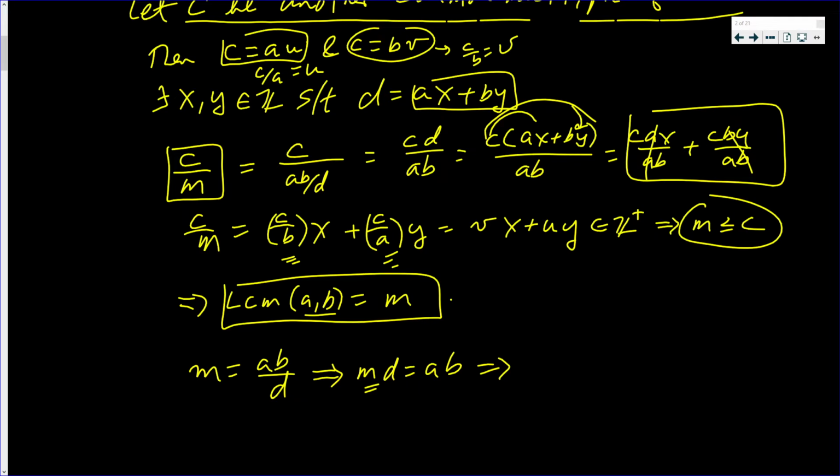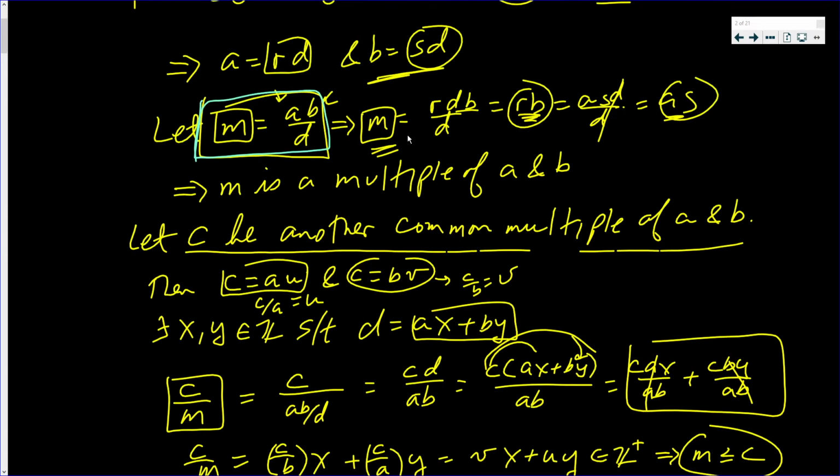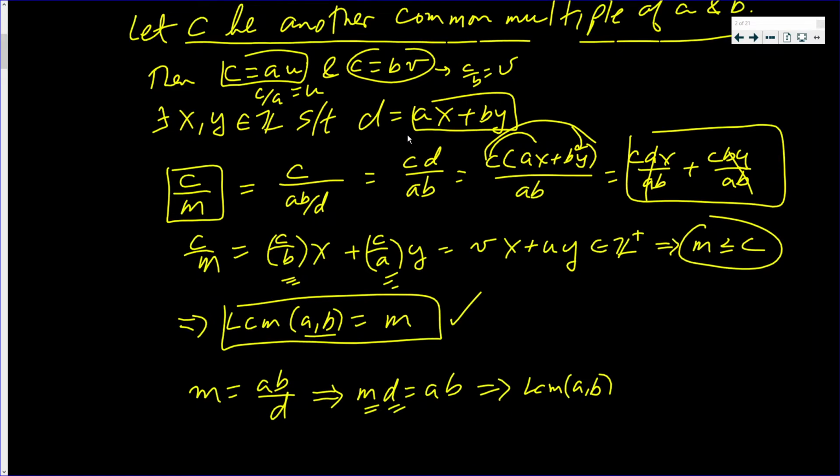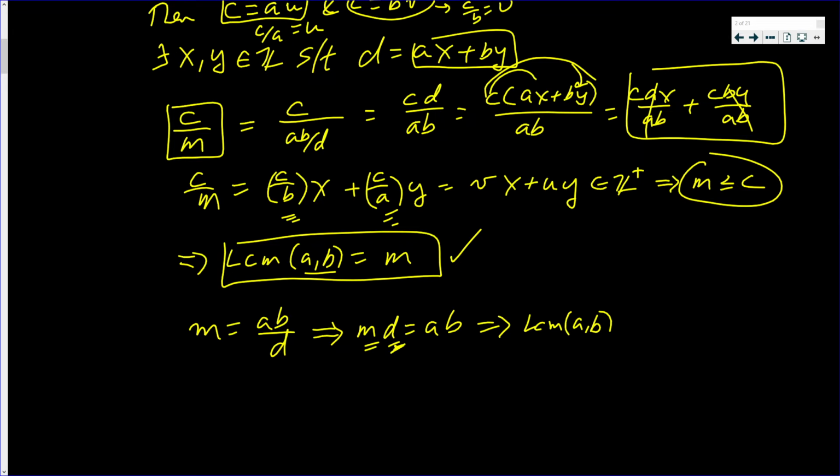But M, as it says right here, is the LCM of A and B, times D, and somewhere way at the beginning we said that D is the GCD of A and B. So the LCM times the GCD of A and B is AB, and since this is what we wanted to show, it's done.